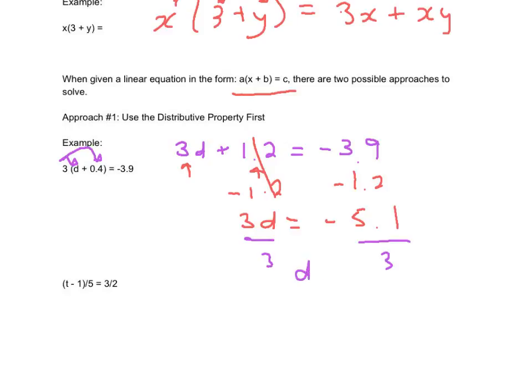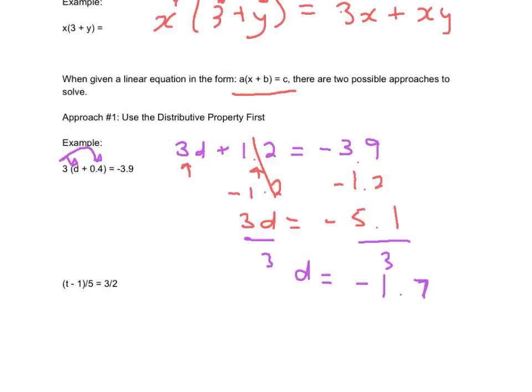We end up with d is equal to negative 5.1 divided by 3. 5.1 divided by 3 is negative 1.7.